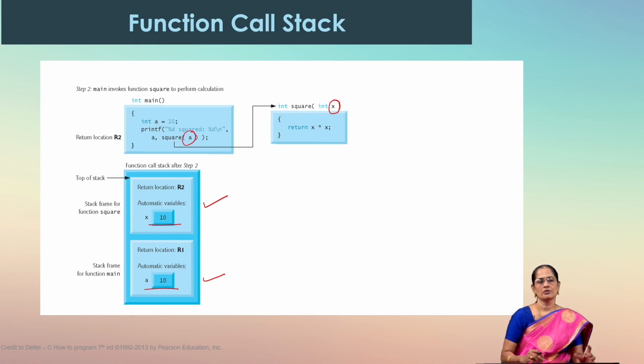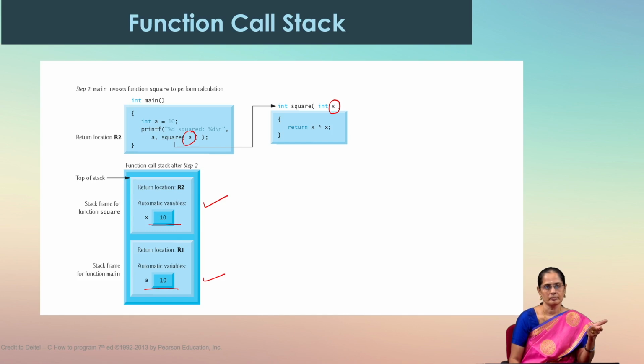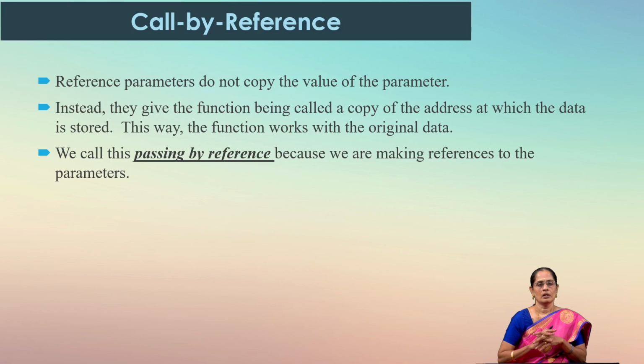In the stack, you can see there are two different locations given for the calling function and the user defined function. Hence, even if the name of the argument is the same, the value and the way it is handled will be independent, right. Then we will learn one more concept called call by reference.